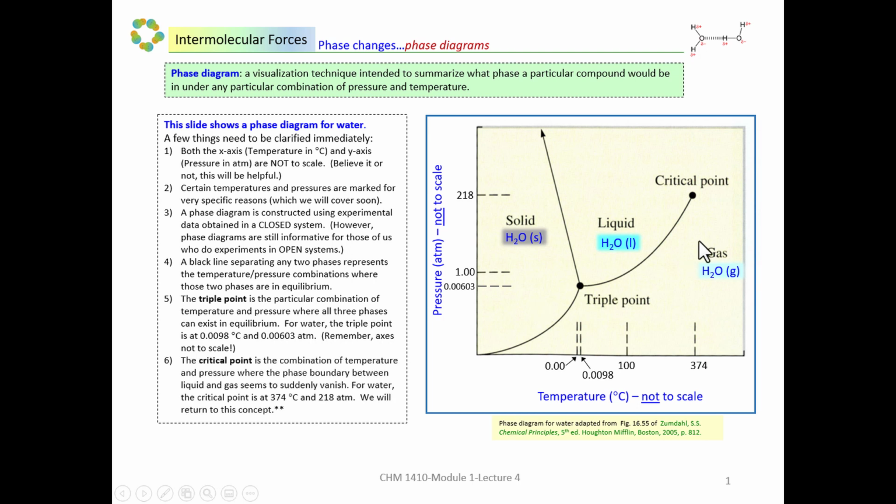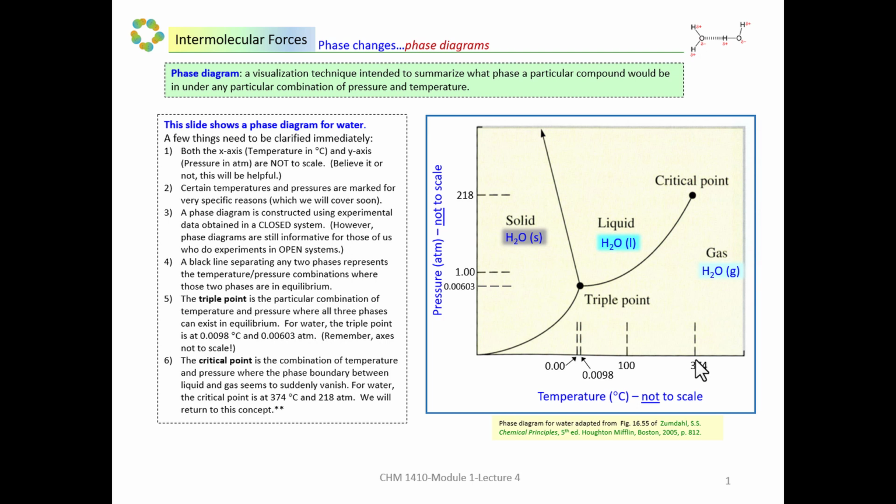The critical point, which is also marked on the diagram here, is at the end of the liquid-gas line, or where the liquid-gas line seems to disappear on the diagram. It is the combination of pressure and temperature where the phase boundary between liquid and gas seems to suddenly vanish.